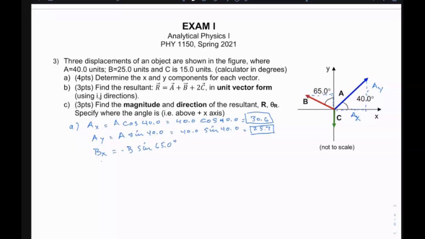And then looking at the y component of vector B, I see it's vertical and positive, pointing upwards. It's going to be proportional to the adjacent side, and so it's equal to plus B cosine 65 degrees.